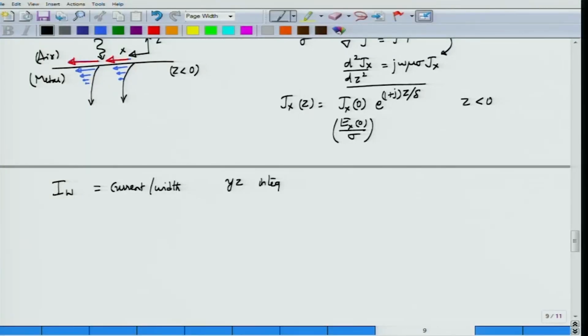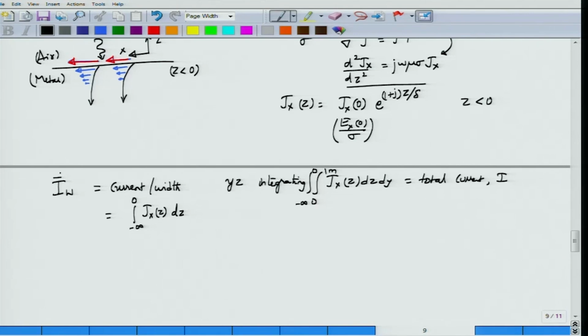So, in the yz plane, consider integrating this Jx of z to get the total current I. However, because Jx is a function only of z, integration along y gives you 1 meter, and if you divide by this, what you get is the current per unit width, which is given by the integral from minus infinity to 0 of Jx of z dz.